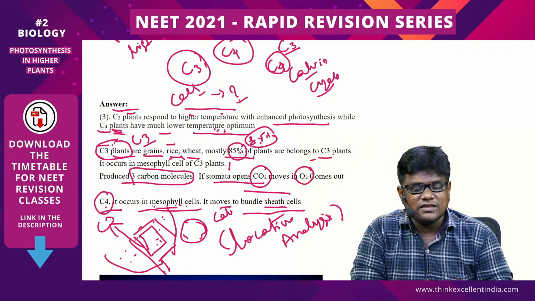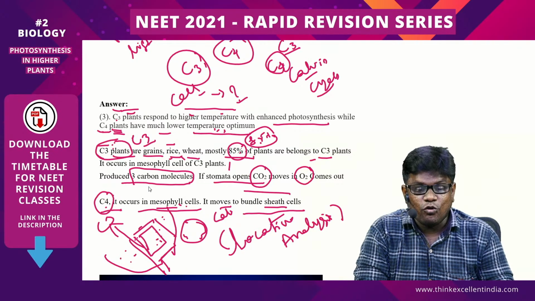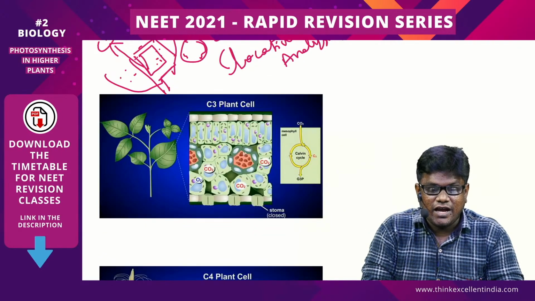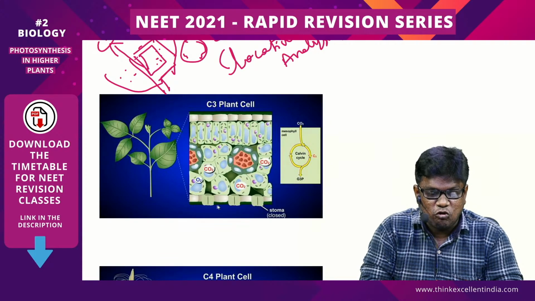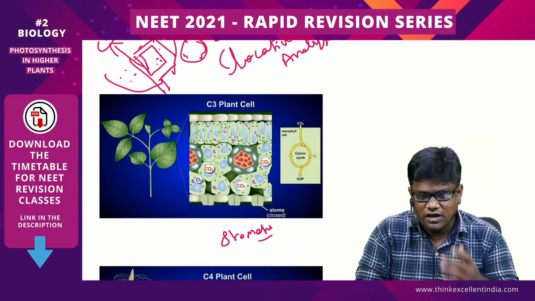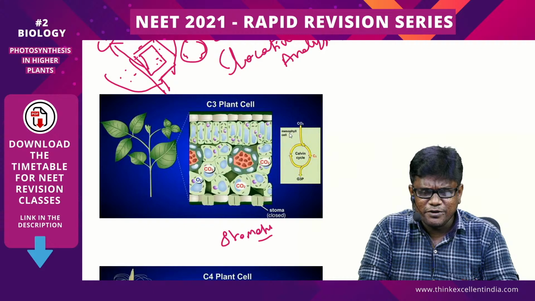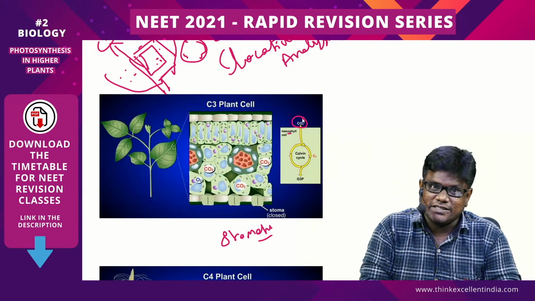So that is the thing you have to be very clear about, the C3 and C4 plants. The location information is the dermis region and cortex, and you can see the mesophyll cells over here. This is a stoma. The stomatal cells are closed. And here you can see the mesophyll cells, with CO2 getting incorporated.